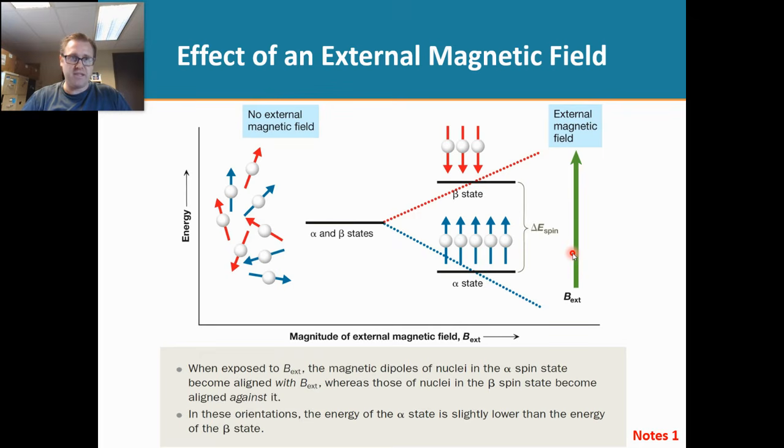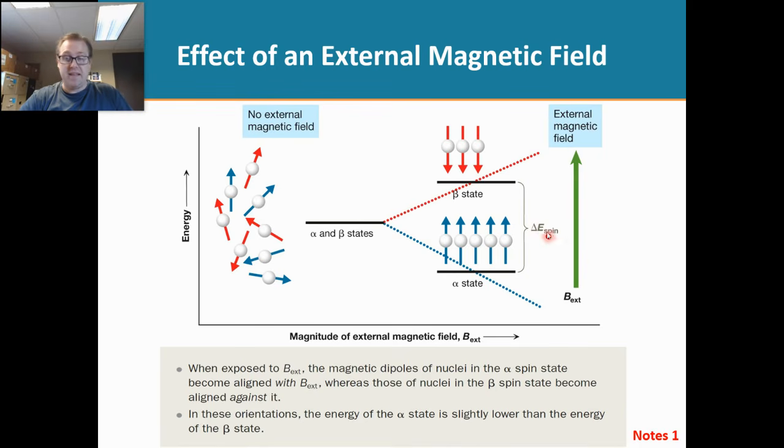And from personal experience, you can relate that that's a whole lot more work than swimming down the river. Okay. And so what happens here is we have two energy states, the alpha state and the beta state, and we have the energy difference between those two states. So that's what the delta E spin represents, the energy difference between those two spin states.